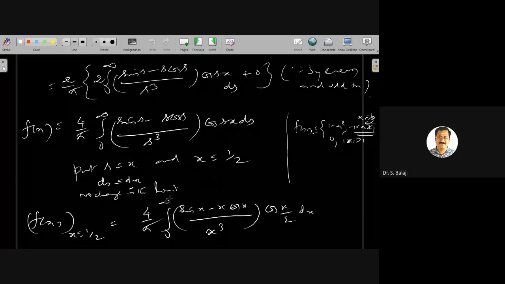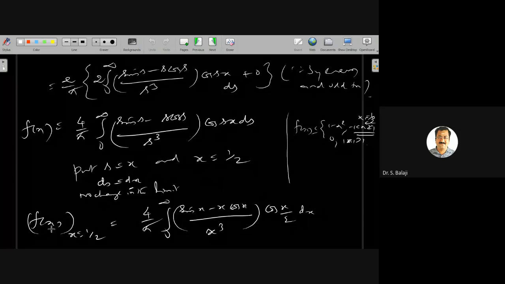When x equal to 1 by 2 on both sides, we get 4 by pi integral 0 to infinity of sin x minus x cos x by x cube, cos x by 2 dx. We are getting that relation.